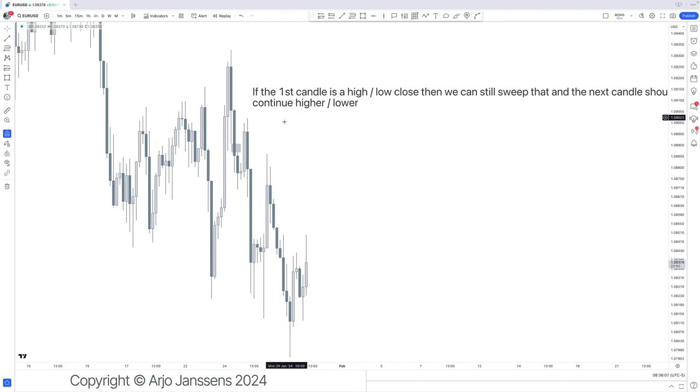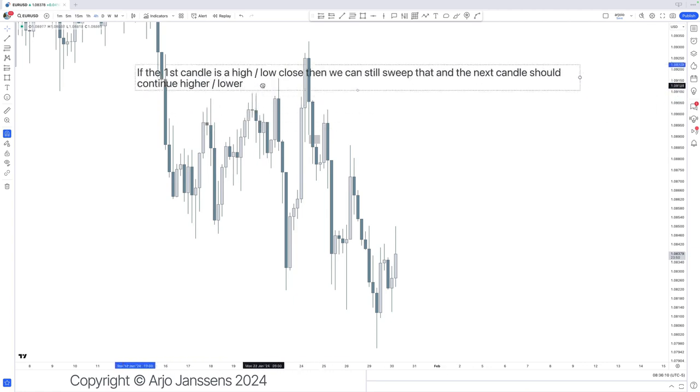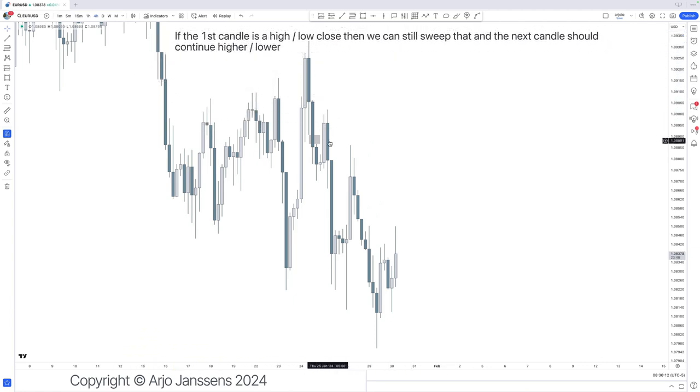Meaning, if we look at this price action, this fair value gap, we come into that and we have a pretty high close on that candle. We assume we came into that fair value gap quite late. We do not assume disrespect straight away. But afterwards, we can still sweep this candle high to then continue lower off of that.